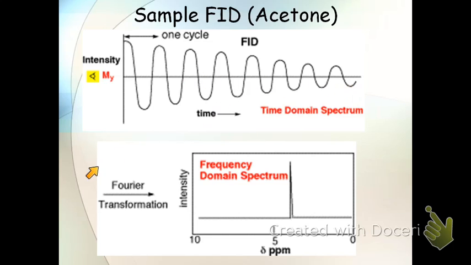Then we take that and do a Fourier transform, and we turn that into the frequency domain. You'll notice that even though the signal is getting smaller, so in your ear, if you were to listen to this in a frequency range which you could hear, it would sound like it's getting quieter, it's all composed of a single frequency.